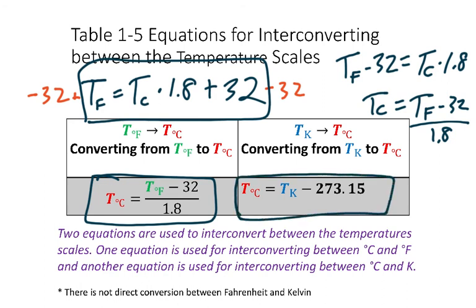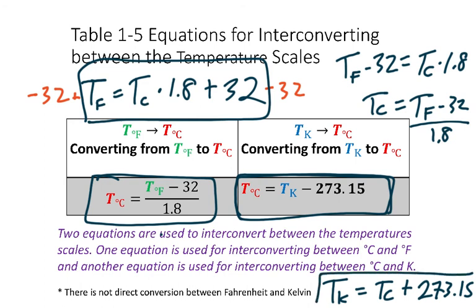And the conversion between Celsius and Kelvin is very simple because the step sizes are the same. All we have is an offset factor. So we just add or subtract 273.15. So T_C is T_K minus 273, or we could say T_K is T_C plus 273, right? So if you're at 0 degrees Celsius, you're at 273 Kelvin.